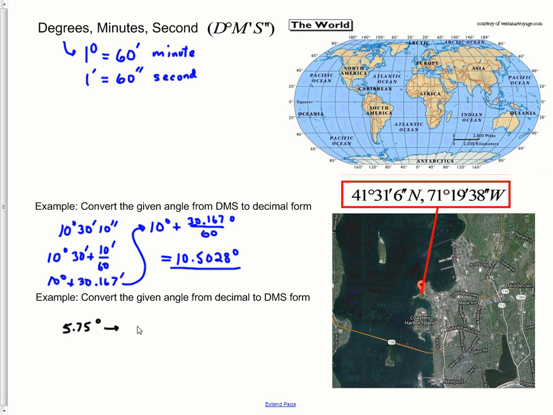Well, it will be 5 degrees plus 0.75 more degrees. I'm going to take that 0.75 and multiply that by 60.